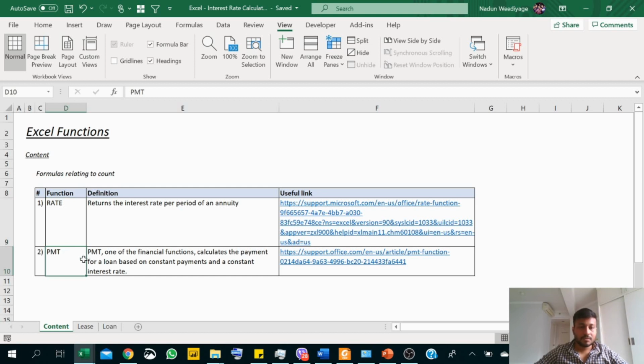It will give the installment value for a loan or lease when it meets conditions such as a constant payment and constant interest rate. So in simple terms, the RATE function will calculate the interest rates applicable for a loan or lease, and the PMT function will calculate the installments.